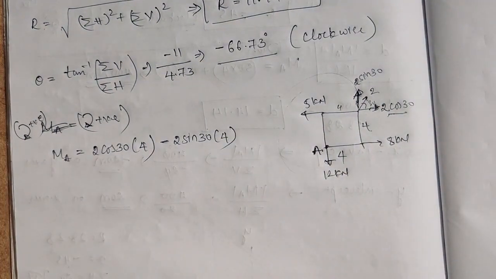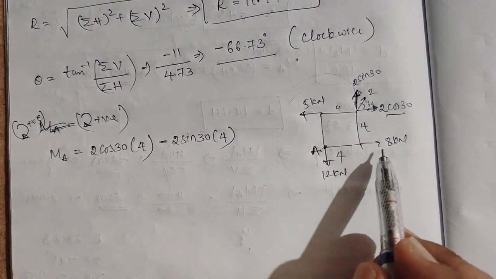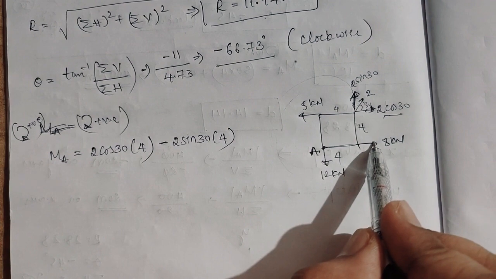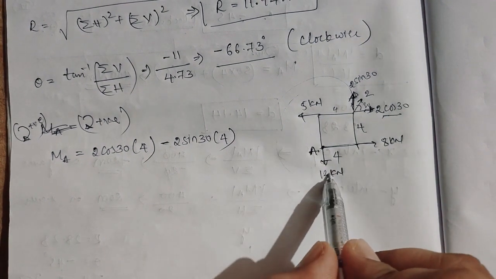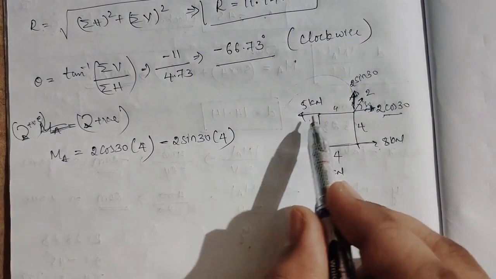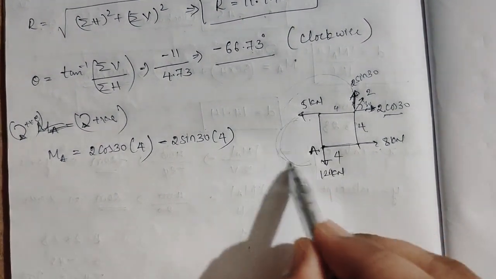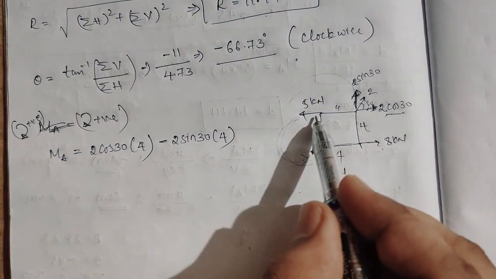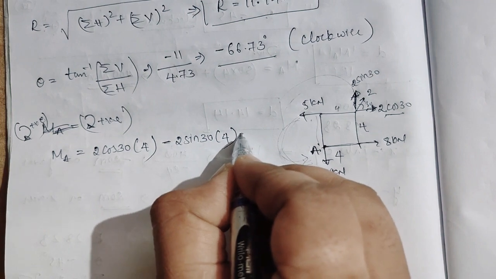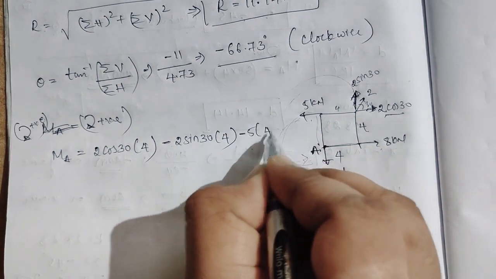Okay, now another force. The 8 kilonewton force is in line with A, it will not create any moment. And this 12 kilonewton force is also in line with A, it will not create any moment about A. This 5 kilonewton will create a moment, yes, but in the anti-clockwise direction. What is the distance? 4. So minus 5 into 4.